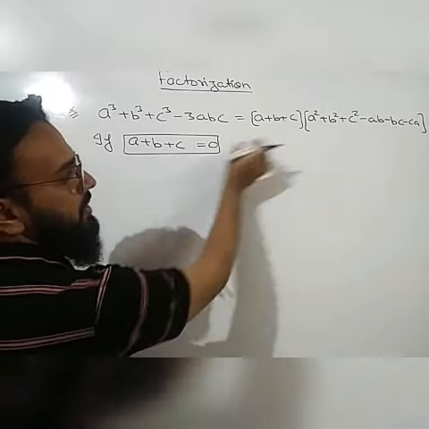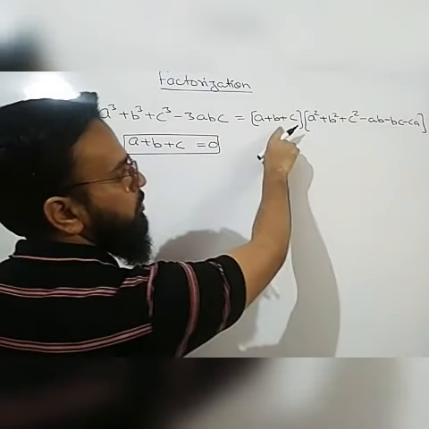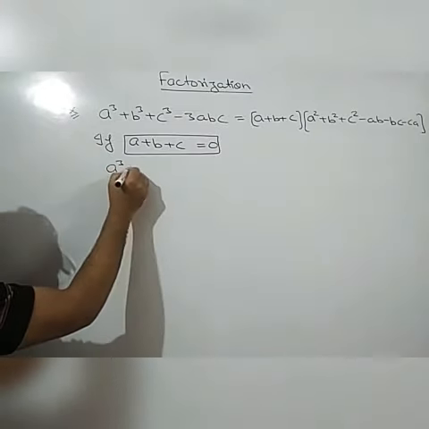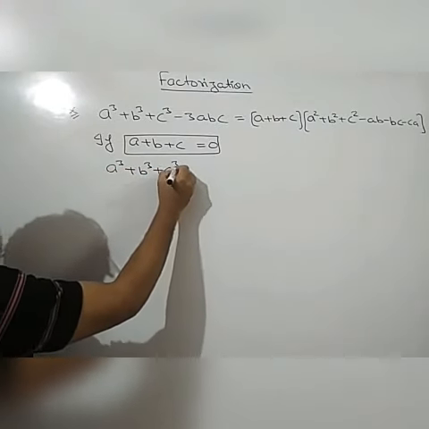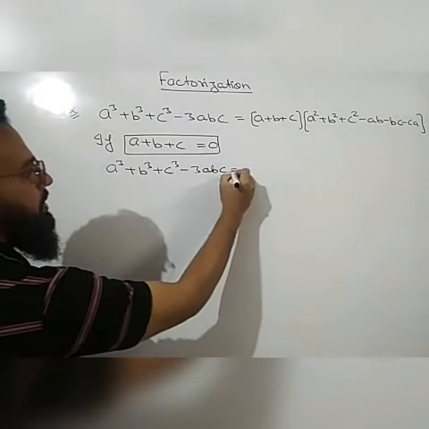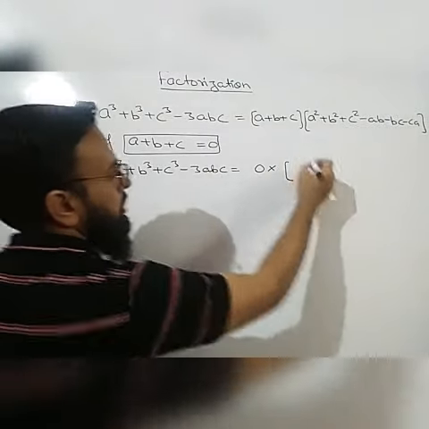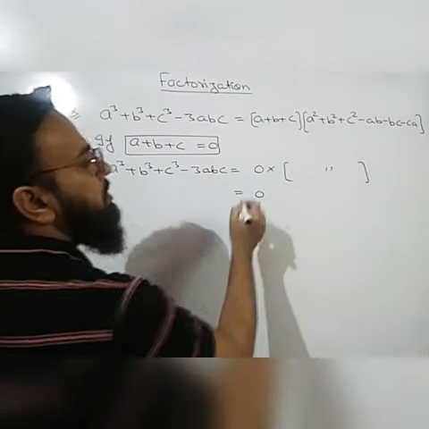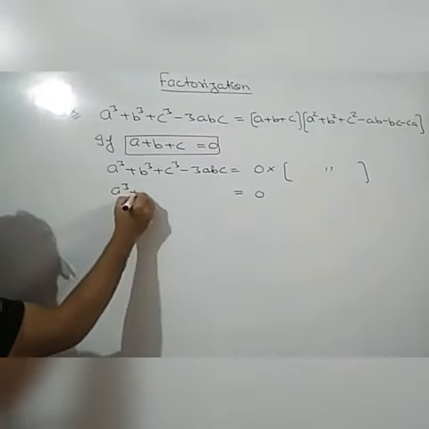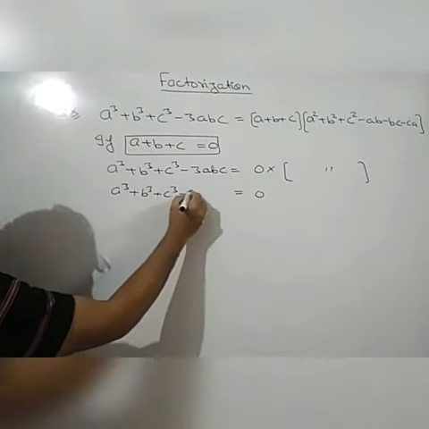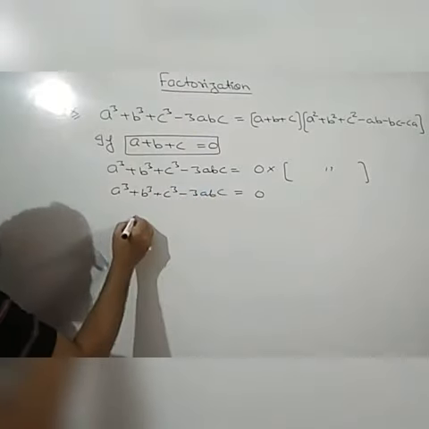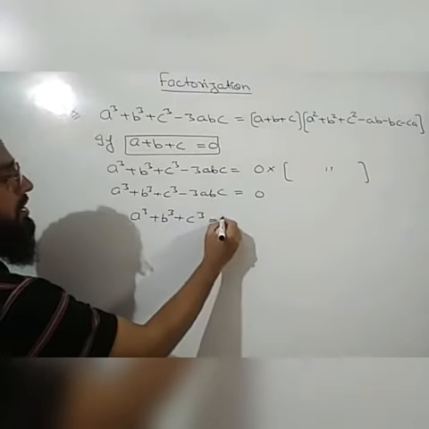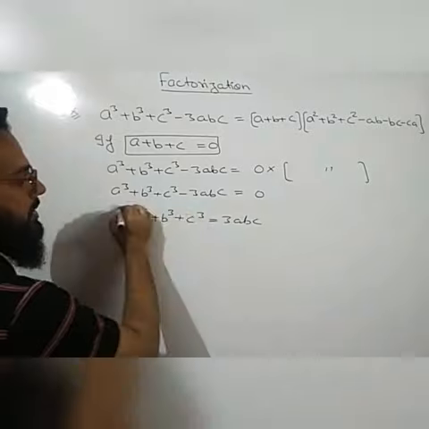Since a plus b plus c is equal to 0, we put the value 0 here, and 0 into this bracket gives a cube plus b cube plus c cube minus 3abc equal to 0 into this whole bracket, and 0 into any term is always 0. It means a cube plus b cube plus c cube minus 3abc is equal to 0, or we can write it as a cube plus b cube plus c cube is equal to 3abc.